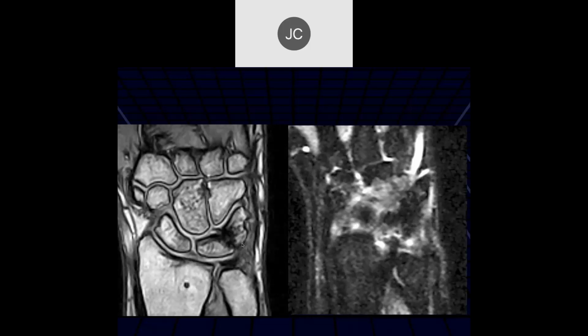I guess we're on the topic of operative intervention. So is it a fusion at this point? Yeah, this was an operative fusion of the lunotriquetral joint on a low field scan. I'm not sure that that's united. I'm not entirely sure either.